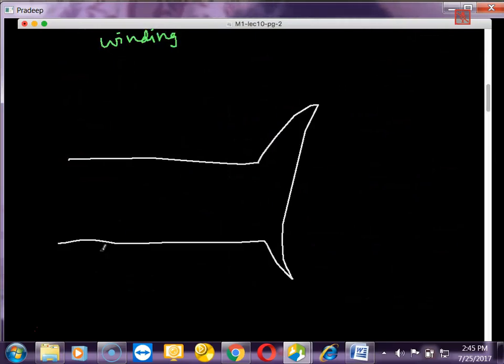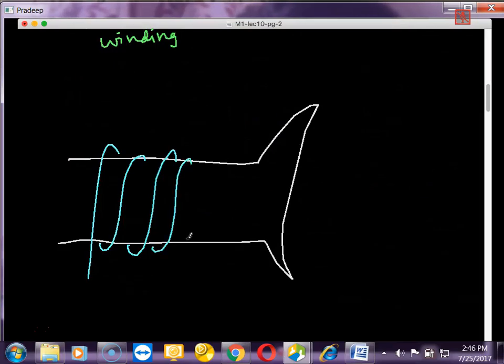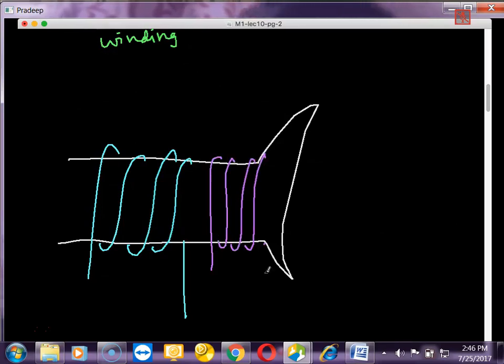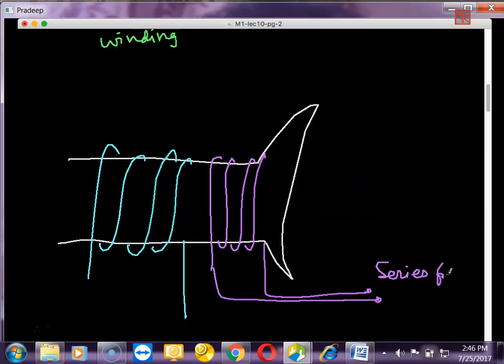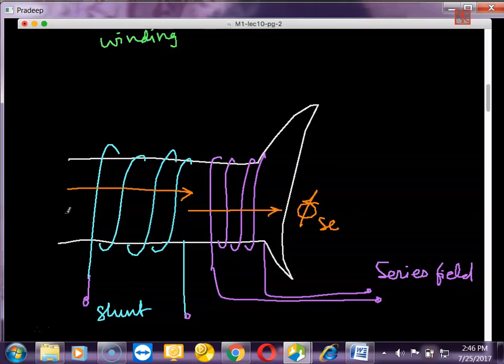So this is the series field and this is the shunt field, and both of them are adding with each other, phi SC and phi SH.